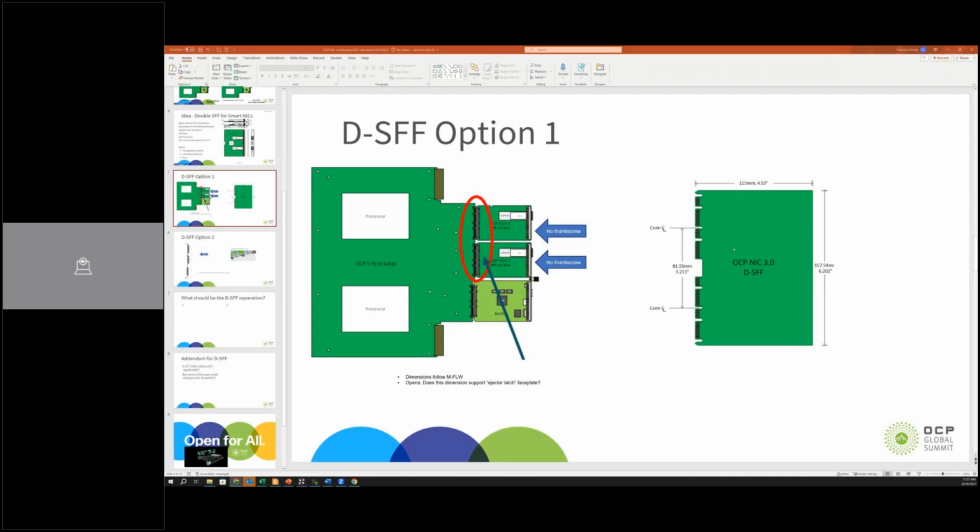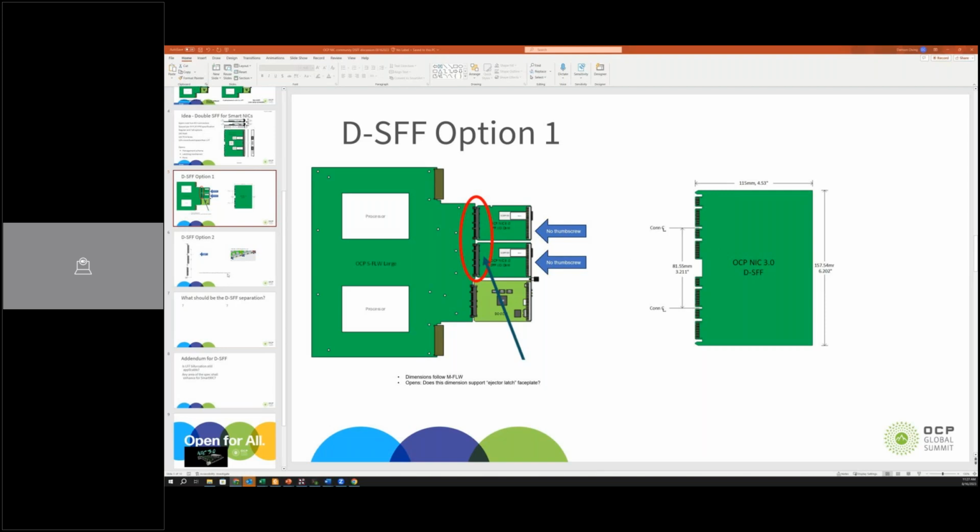Yeah, so I think you answered a key point. Basically, from the NVIDIA perspective, even our existing LFF is good enough for space. So this DSFF option 1 gives you more space, which is good but not necessarily required.